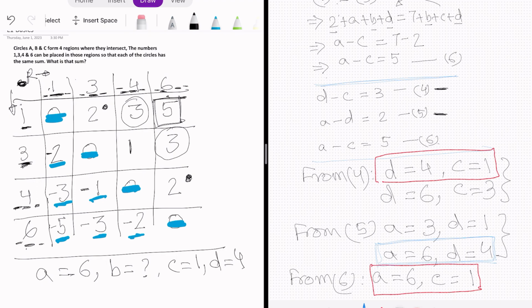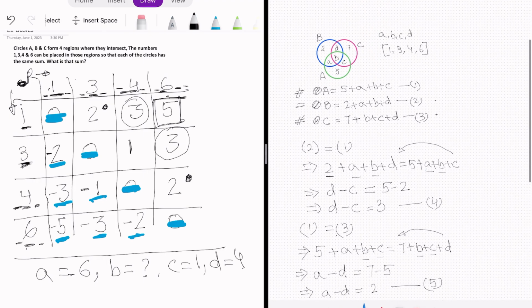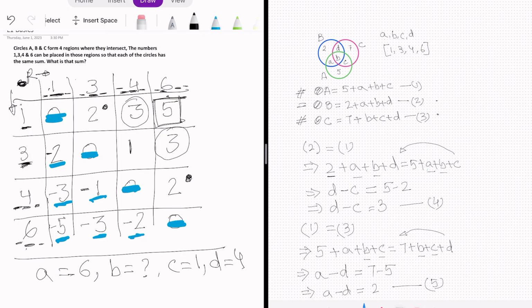Now remember, I was given the first clue, which is A, B, C, and D must have one of the values of 1, 3, 4, and 6. So I've got 1, I've got 4, I've got 6. The only number I don't have is 3. So B has to be equal to 3.